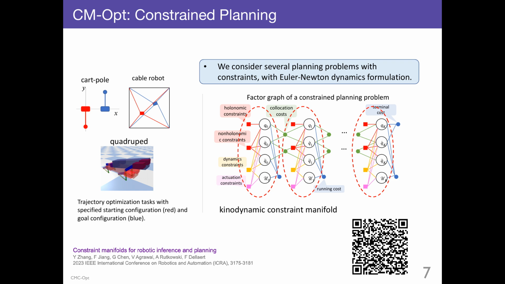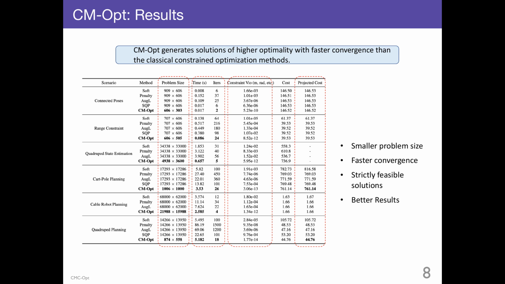Here is the example for a humanoid motion planning problem. And you can see that there are these connected components of constraints. And then the time slices of this motion planning problem are connected with soft constraints over time. In 2023, we showed that this leads to very fast, low-dimensional optimization problems, unconstrained, because you now have these manifold variables that satisfy your constraints.